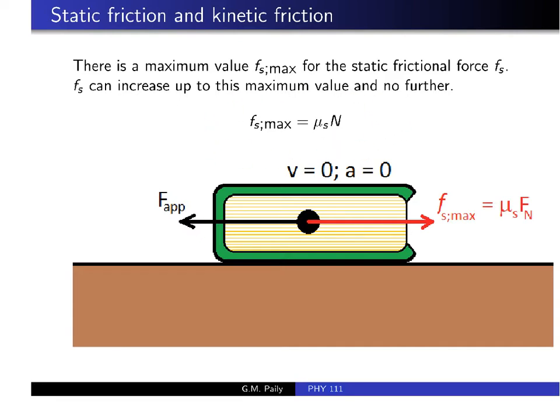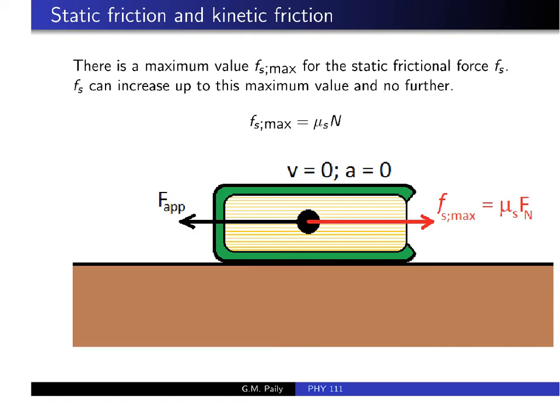2, well, we just said it depends on the normal force, so there's something missing from this diagram. I've forgotten to draw the weight of the book, which would be acting downward, and the normal force, which would be acting upward. However, the normal force, remember, isn't always equal to just the weight of the book. It depends upon the forces pushing the surfaces together.